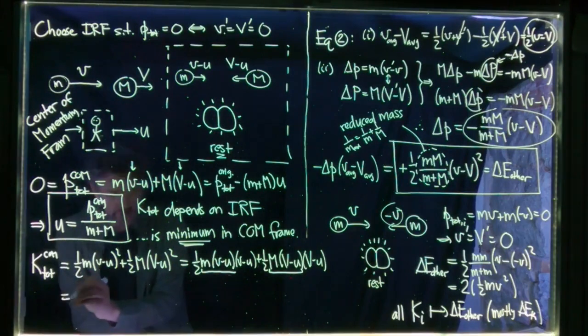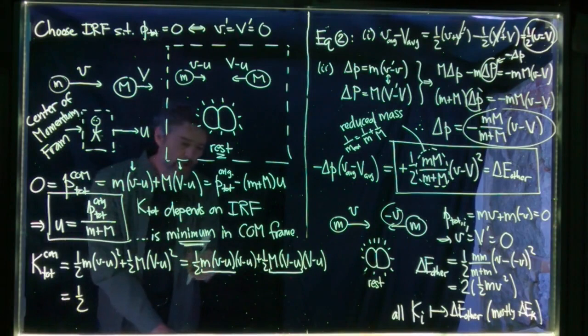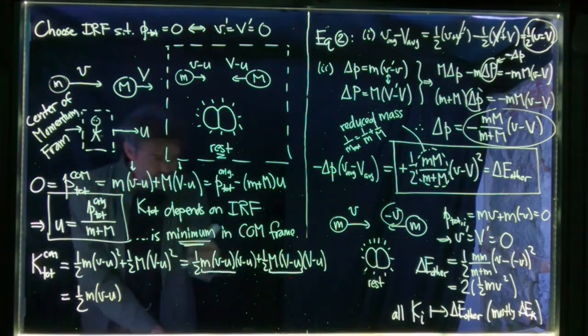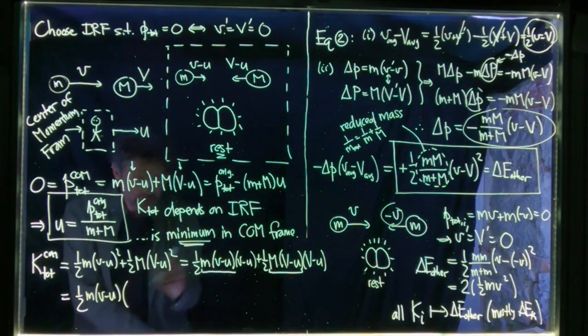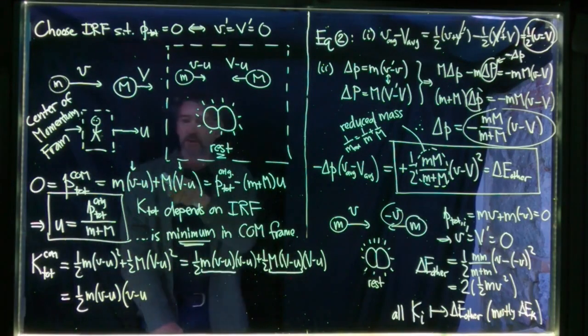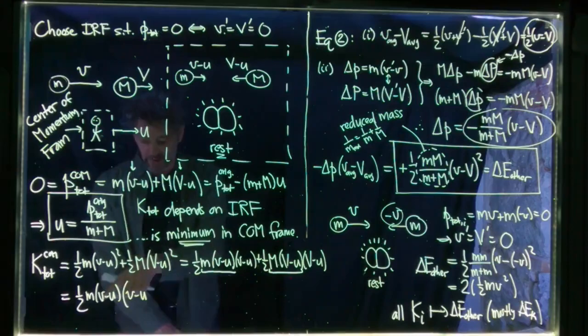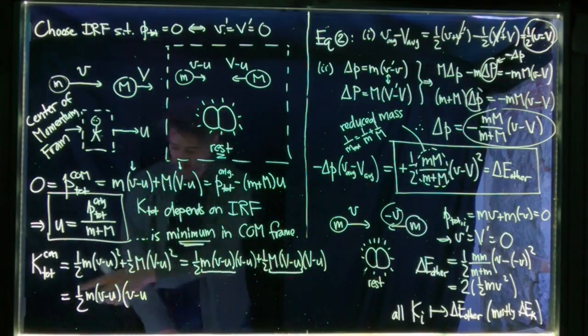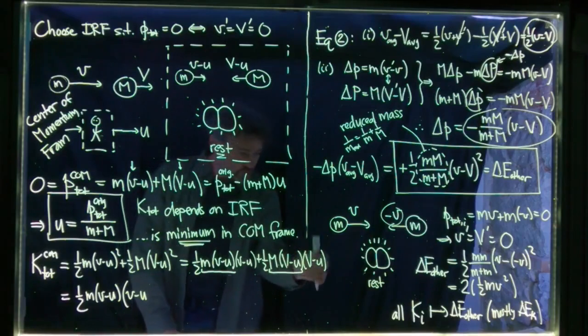So we can write this as, so there's a common factor, 1/2 little m times little v minus u. Okay, that's that factor, times, from here we have a little v minus a little u, but big M times big V minus u is the negative of this thing. So the common factor is this, and so then we just subtract this term.